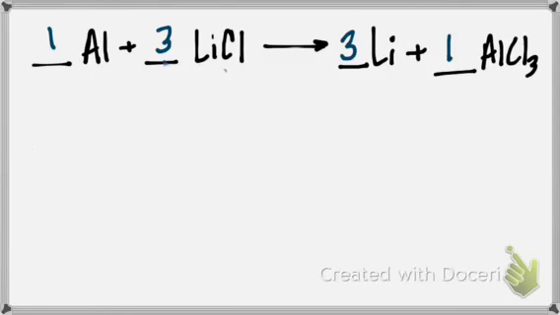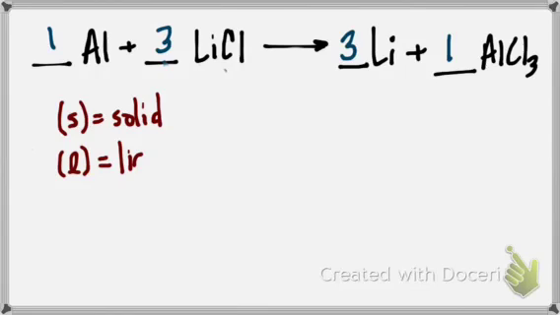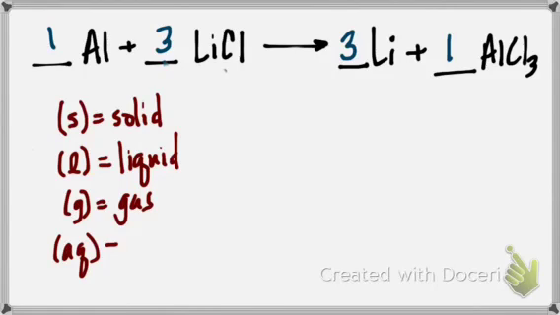As far as states of matter that you can use, you can use S for solid, L for liquid, G for gas, and then AQ for something called aqueous. Now the question becomes is how do you know which one to use and why?